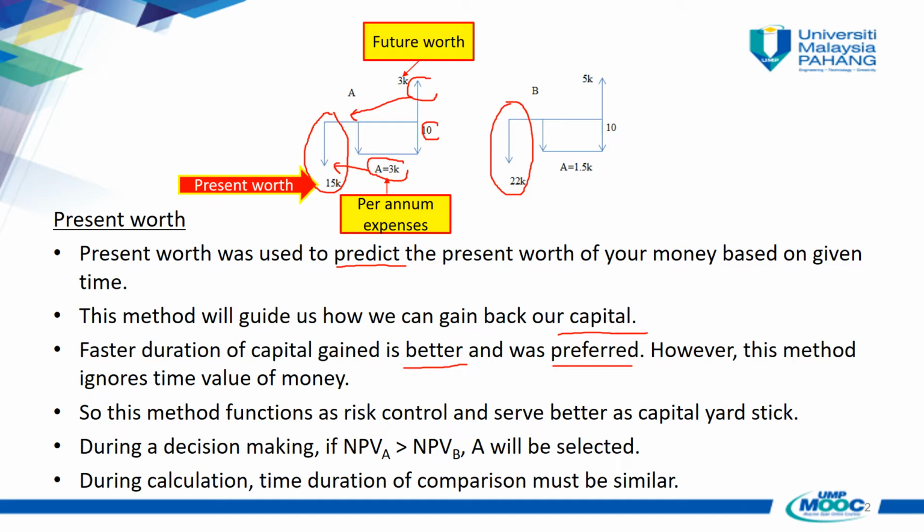If our net present value of, for example, A is better than net present value of B, then A will be selected. And again, during calculation, it is important to remember that the time duration of comparison must be kept similar.